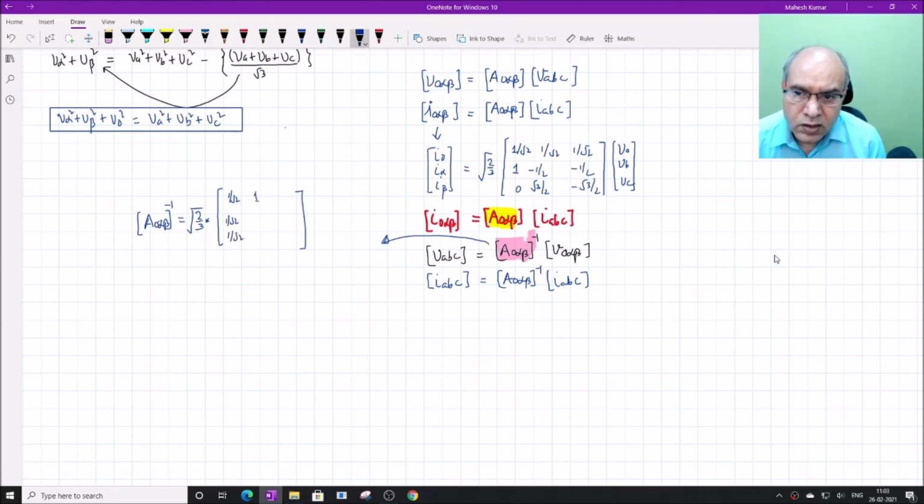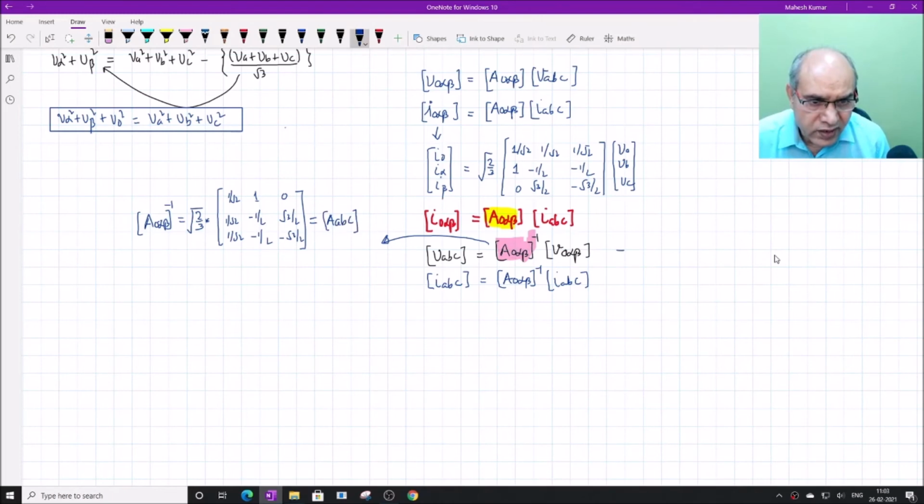This is 1, minus half, minus half, and this is 0, root 3 by 2, minus root 3 by 2. This is the inverse of this matrix, and this is called the ABC matrix because this transforms alpha beta components into ABC.